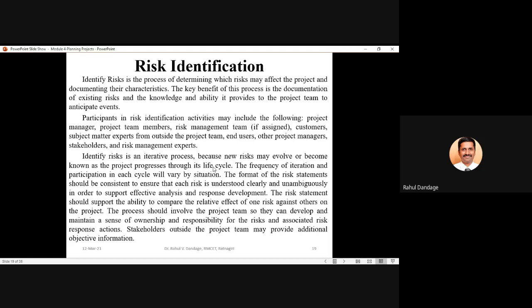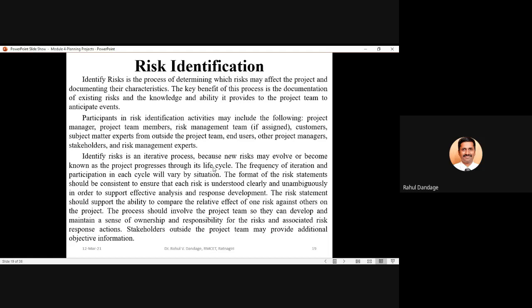Because of that, the risk register should get updated, modified, and revised whenever you find that certain new risks which were not identified are coming into the picture, so that the risk register will be an updated document.